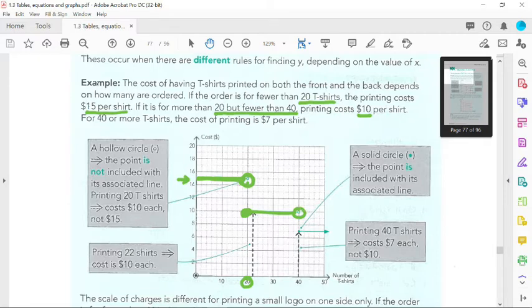Another open circle, right? And then finally, for 40 or more. Does that include 40? Yes. So 40 and above. I'm sorry, I said it wrong. For 40 or more. So solid dot, and then it goes, and look what they did at the end.